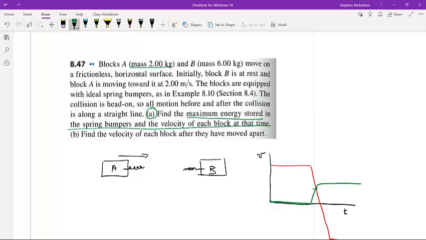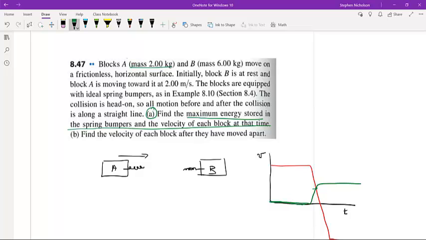So at that point you have one less unknown in your equation, and you can figure out the velocity of both blocks at that point in time, which is the final condition. The initial condition is where they're apart. The final condition is when they're moving the same velocity. That leaves you enough information to solve for this final velocity. And once you have the initial and final velocities, you can calculate the change in kinetic energy. That change in kinetic energy has to be equal to the energy stored in the springs, from conservation of energy.